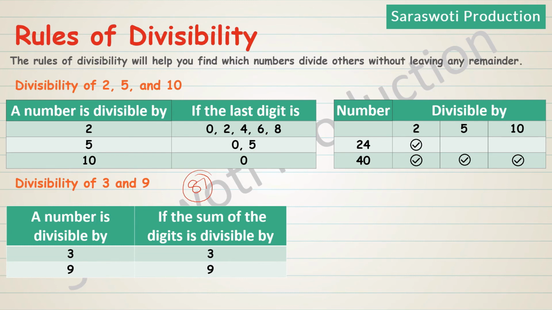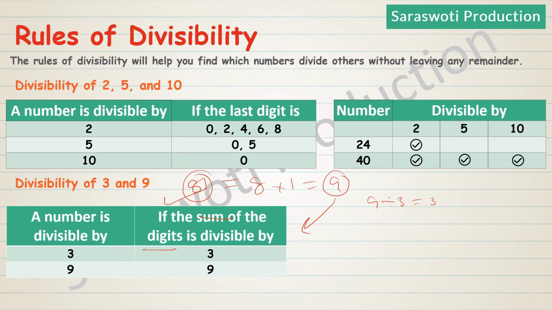How do I know it? They're saying to find out the sum of the digits. This means I should have done 81 as 8 plus 1, which gives me 9. Now you know easily 9 is divisible by 3 because we know that 9 divided by 3 gives us 3. That is, remainder is 0 in this case, meaning 9 is divisible by 3, which means that even the number 81 is divisible by 3.